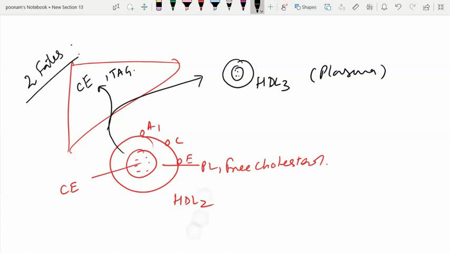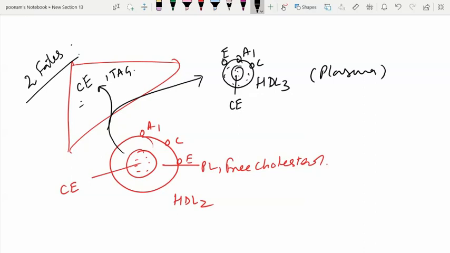That TAG and cholesterol ester is taken up by the liver. Not all the cholesterol ester, some cholesterol ester, but all the TAG is taken up by the liver. It is metabolized by the liver, and the leftover HDL particle is sent back in the form of HDL3, which still has ApoA1, C, E, some cholesterol ester in the core, and phospholipid and free cholesterol in the shell.